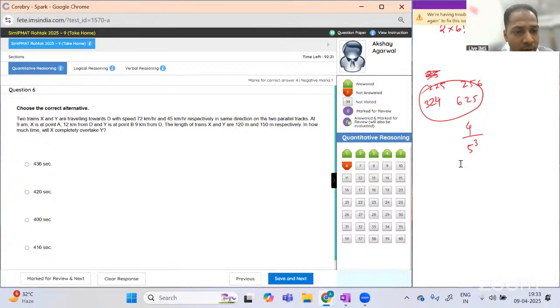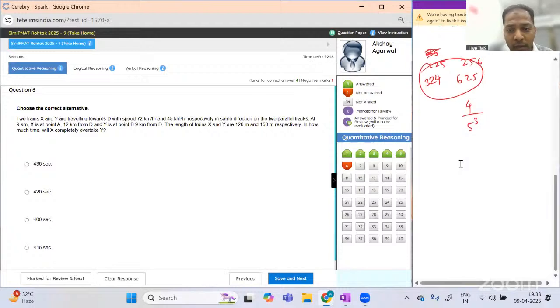Two trains X and Y traveling towards D with speeds 72 and 45 kilometers per hour respectively in the same direction on two parallel tracks.